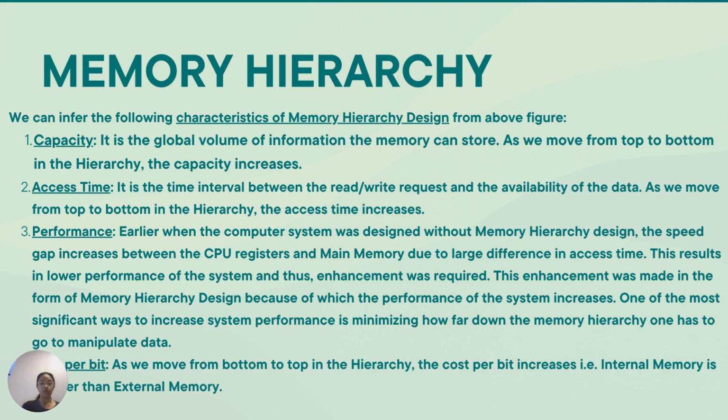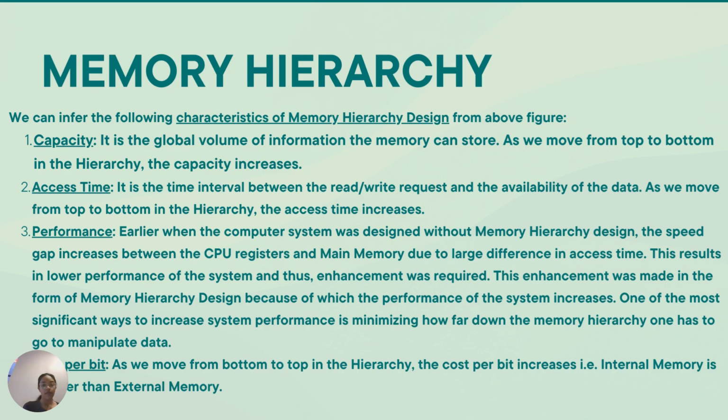As we move from top to bottom in the hierarchy, the capacity increases, from registers to secondary storage. We saw that in previous slides. Then talking about access time, as you move from top to bottom, the access time also increases. That is, the data fetching process of the memories gets slower.